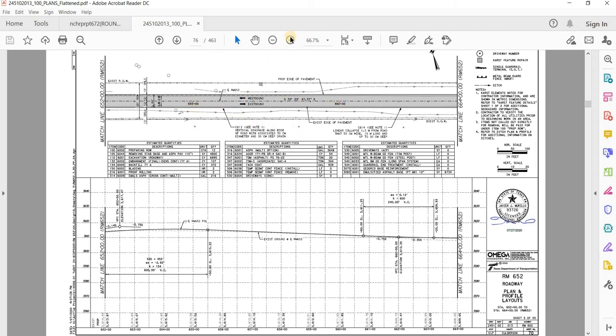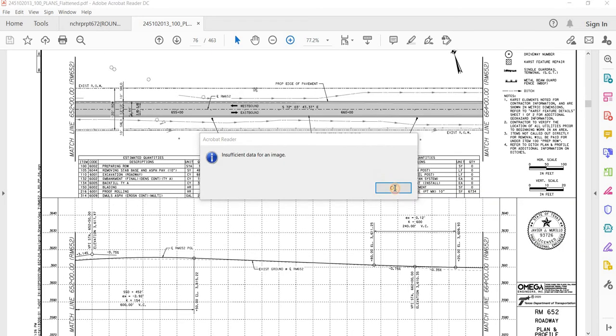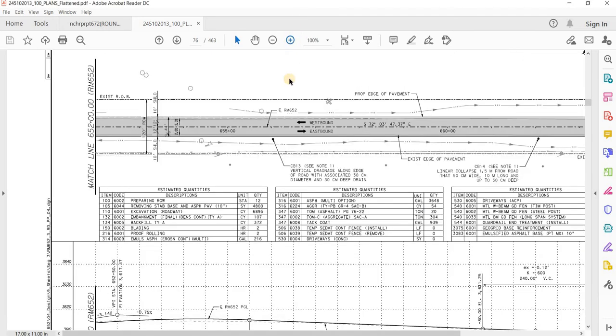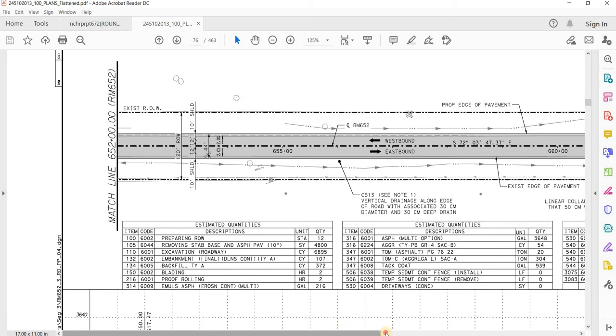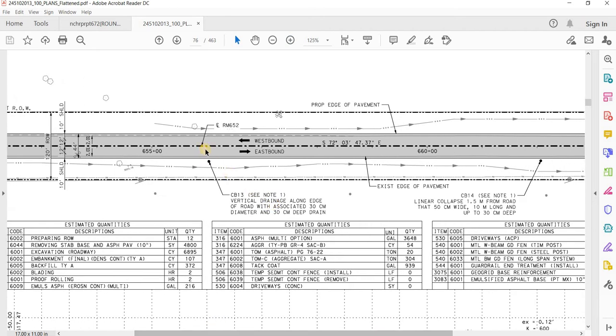In between, if I zoom in, you can see that there are little tick marks here which indicate the station. So this is 656, 57, 58, 59, and 60. So this is what stationing is.